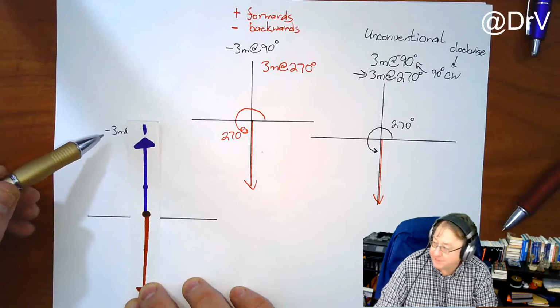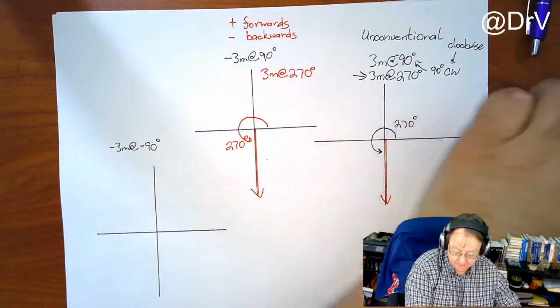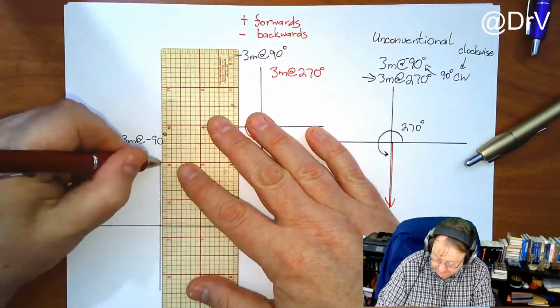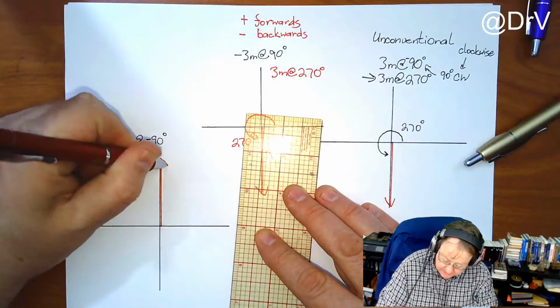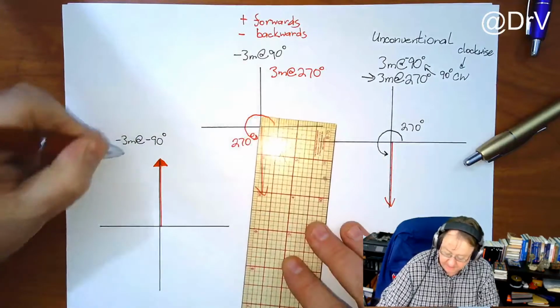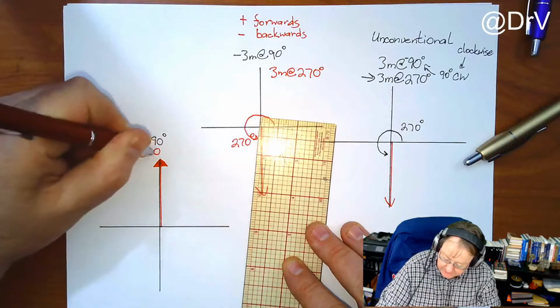That value is negative, so you're going to go in this direction. And so you end up with this. And that looks like 3 meters at 90 degrees.